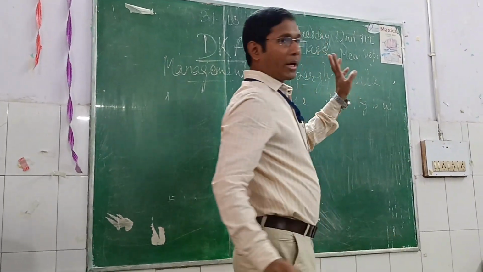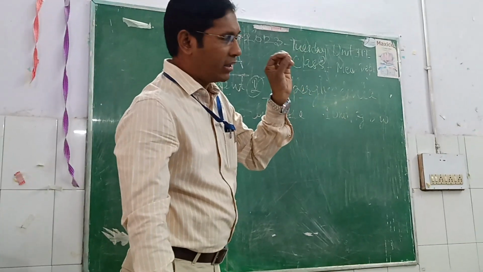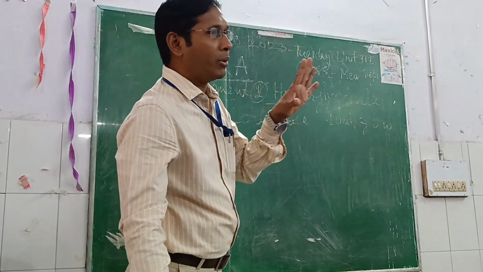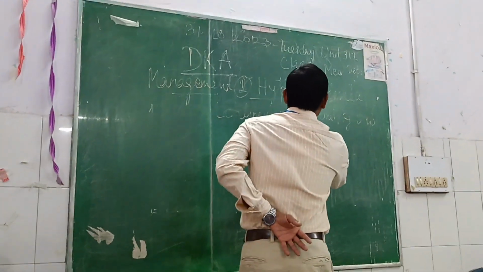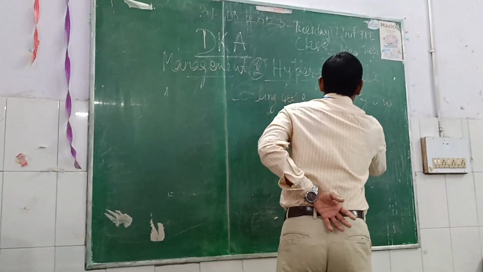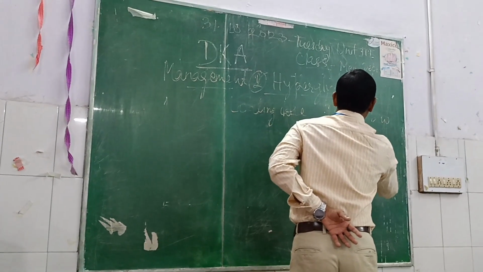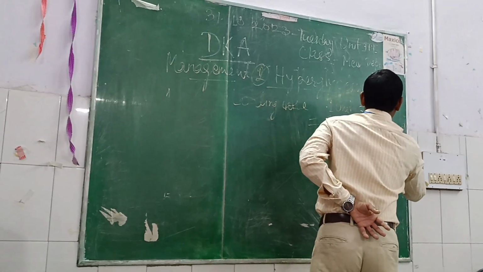For all practical purposes, we assume, and it is practically true also, our patients are nearly between 50 to 60 kg. So you can go for 6 units insulin IV stat.